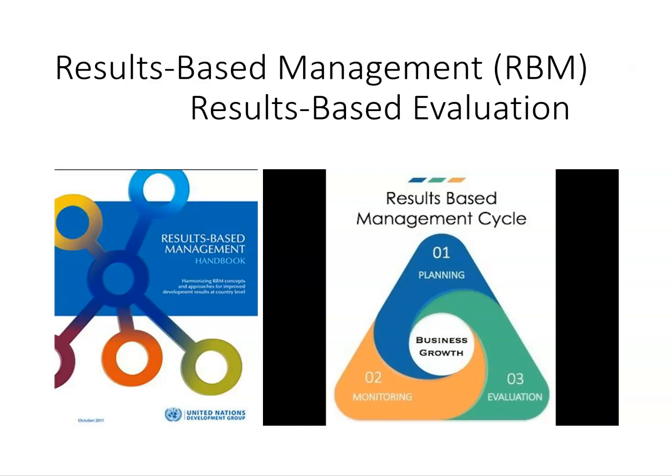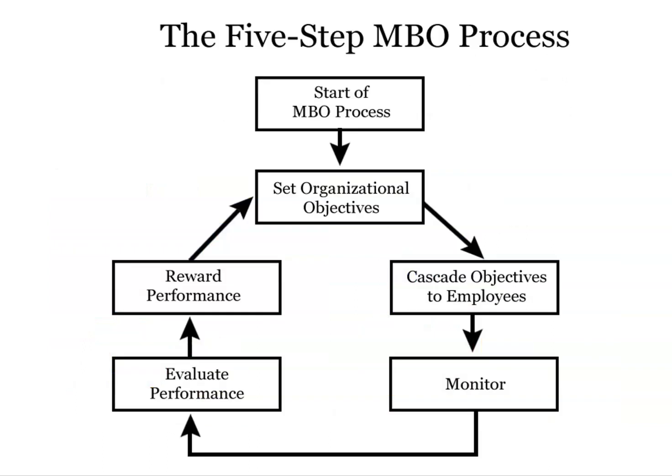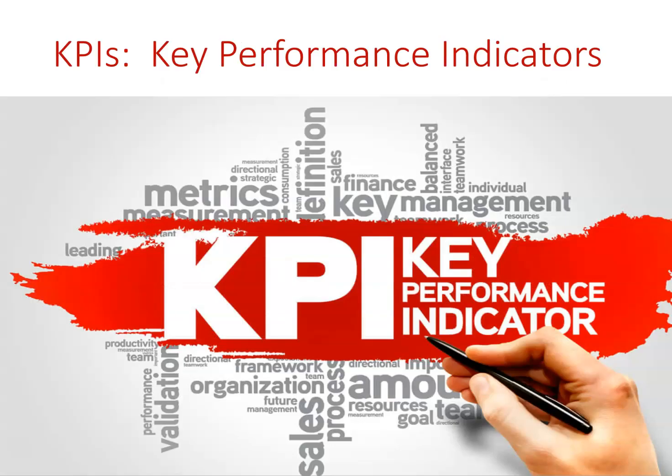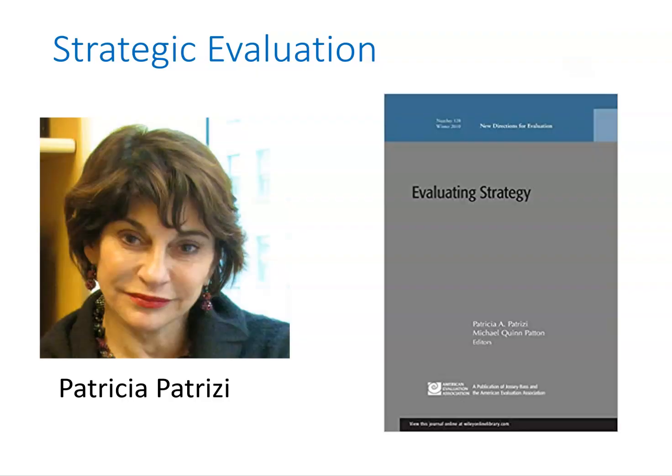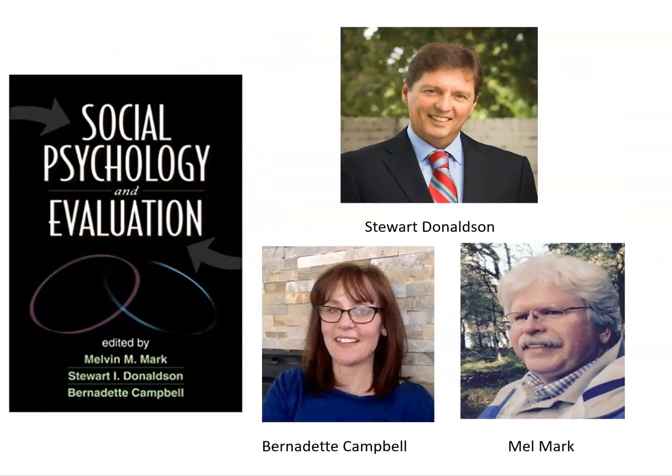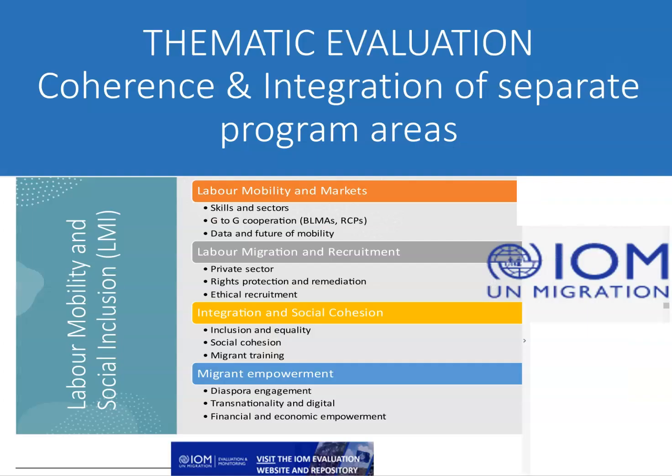Things like results-based management then treat evaluation as neutral, as being technical. The 5-step MBO process, key performance indicators, strategic planning, strategic evaluation, the social psychology of evaluation, understanding how people operate. These all bring disciplinary and technical understanding to evaluation, but don't make evaluation part of the change process.